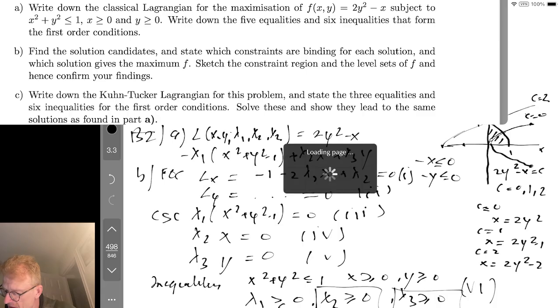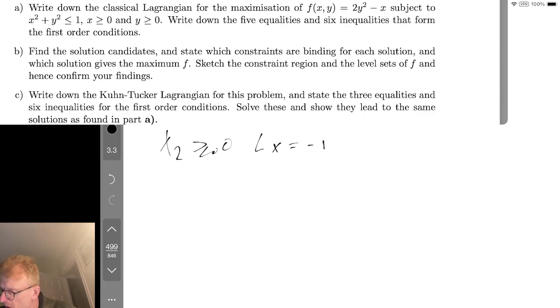Let's look at that one. So that's minus 1 minus 2 lambda 1 x plus lambda 2 is 0.